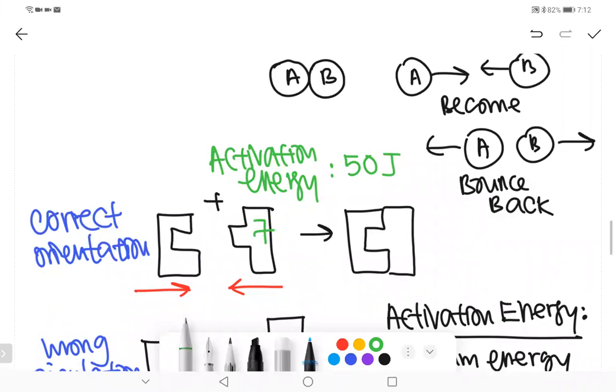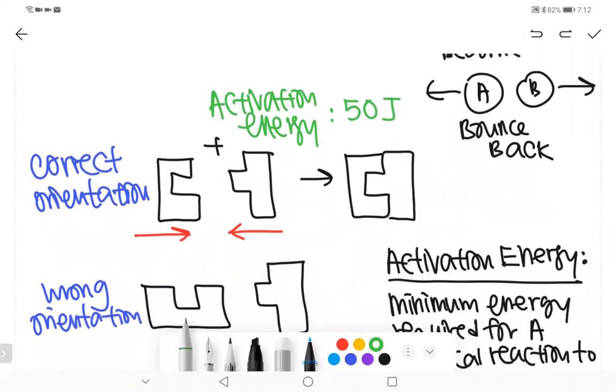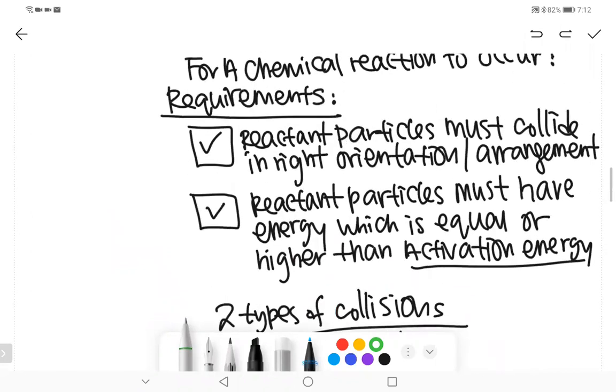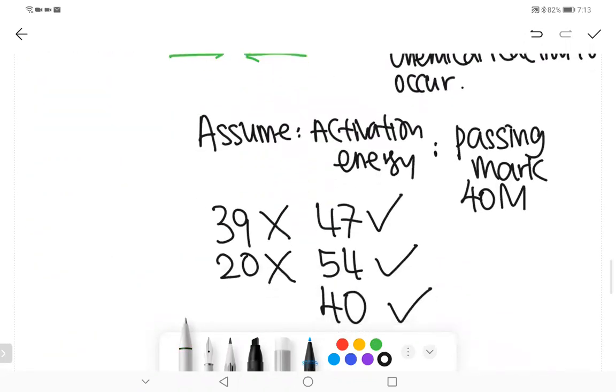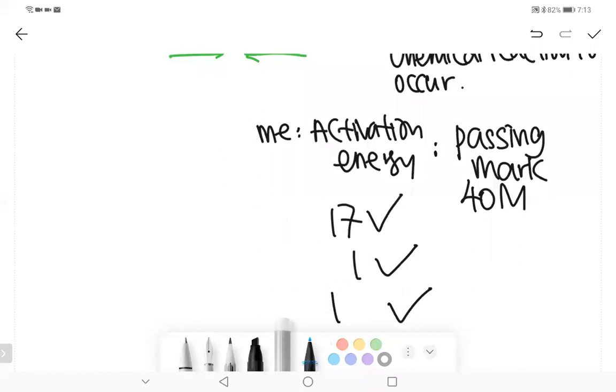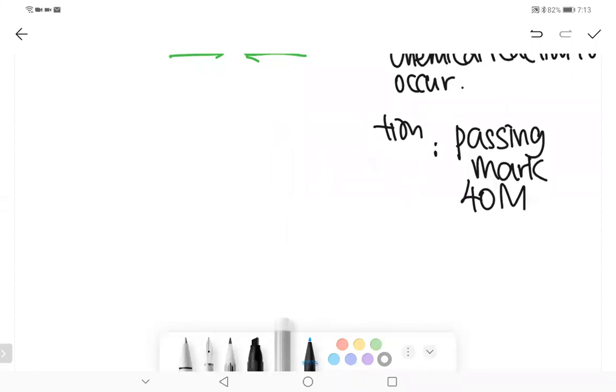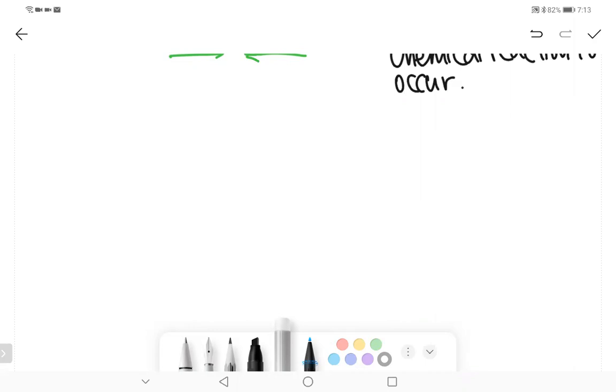Yeah. So if you want the particle to react, you must make sure that they have enough energy. What do we mean by enough energy? The energy must be equal or more than the activation energy. Yeah. So guys, are you okay with this concept so far? So please remember, if you want a chemical reaction to occur, your raw material must have enough energy.